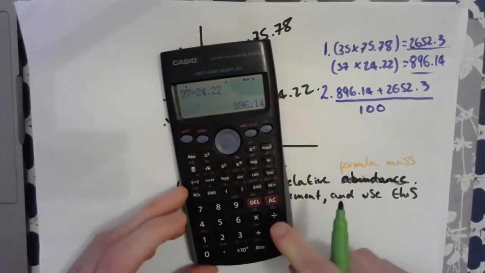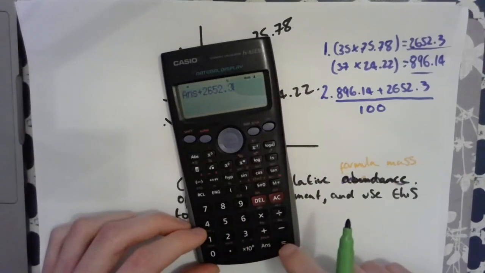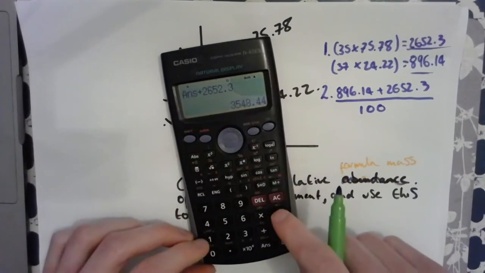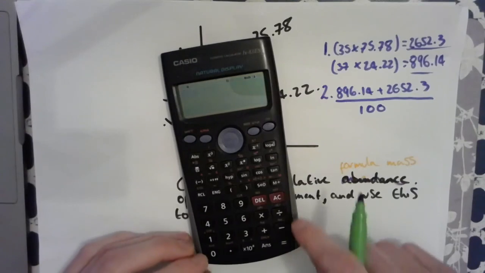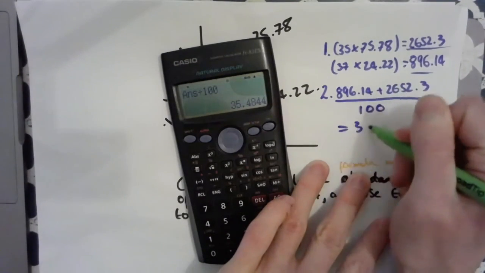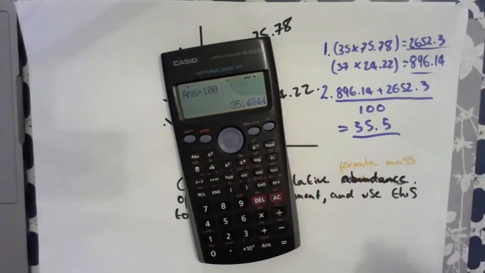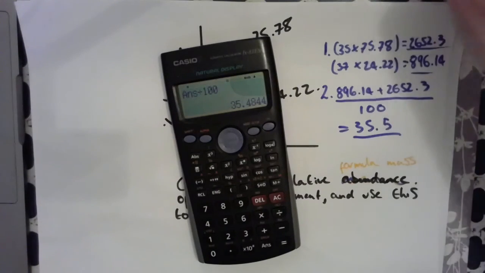Okay, so add 2652.3, then divide that by 100, and your answer comes out at 35.5. Okay, so that's the relative formula mass of my element, and then it's just a case of finding that on the periodic table.